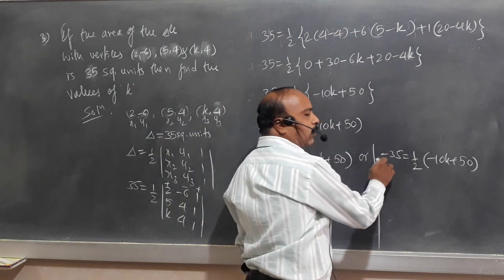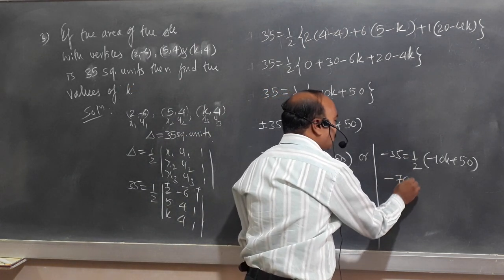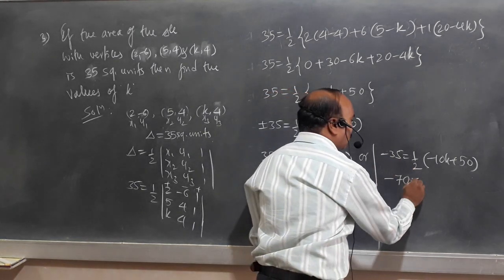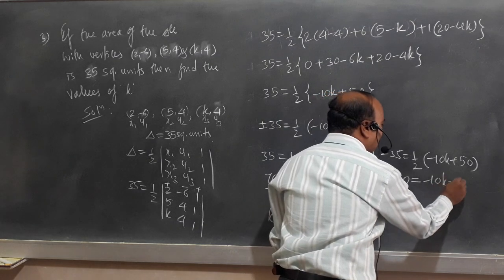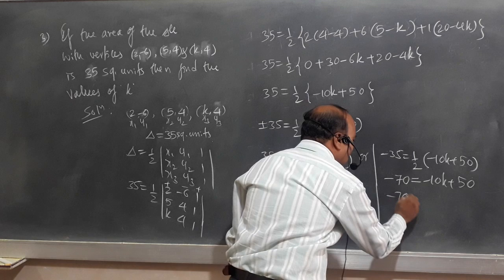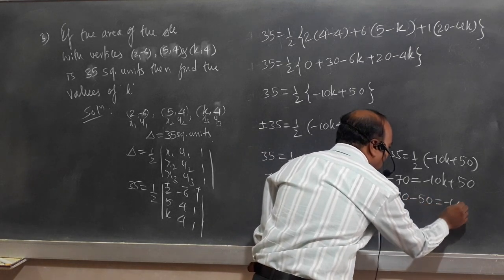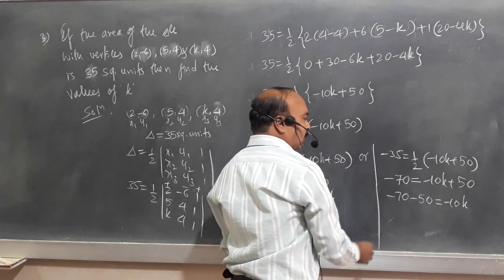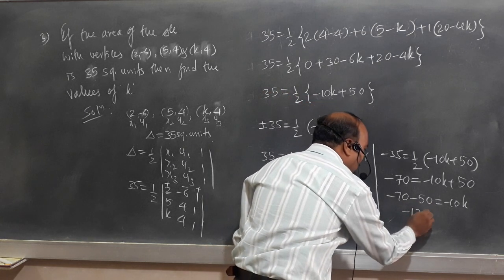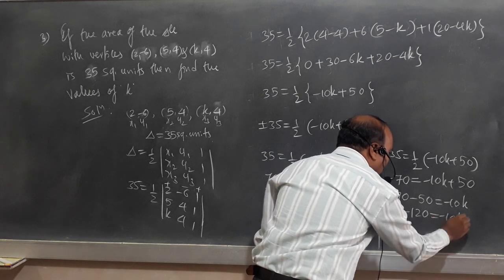Here also we make cross multiplication. Minus 70, 35 into 2, minus 70 equal to minus 10k plus 50. Take 50 to this side. Minus 70 minus 50 equal to minus 10k. Minus 70 minus 50 is minus 120 equal to minus 10k.